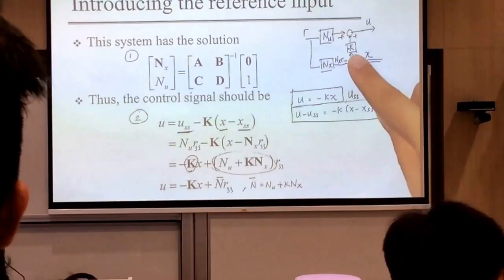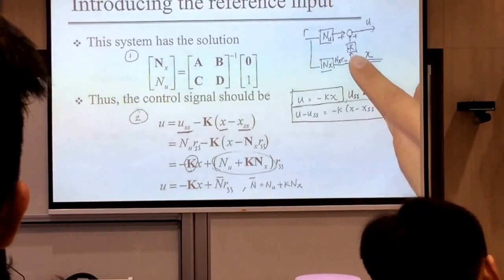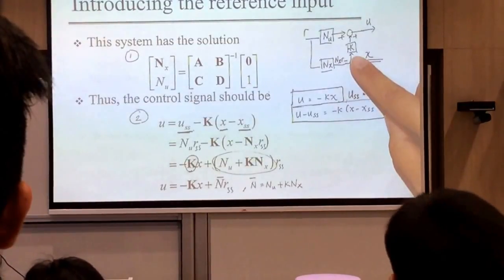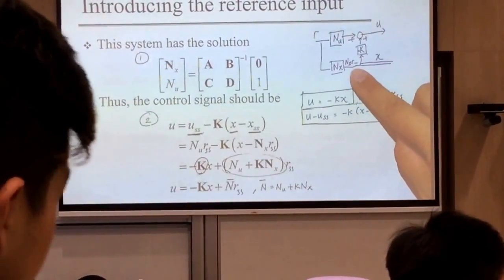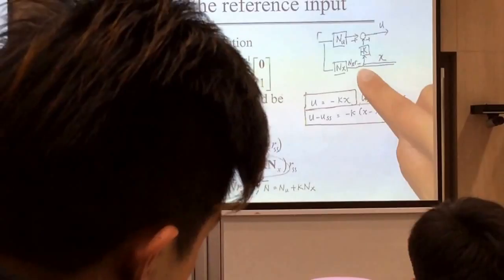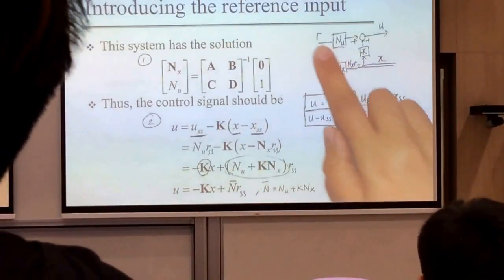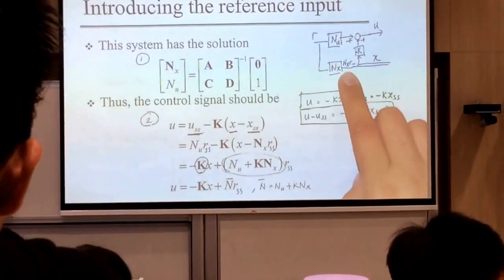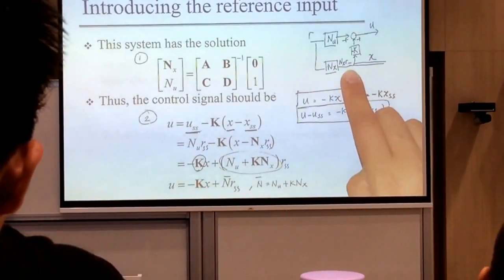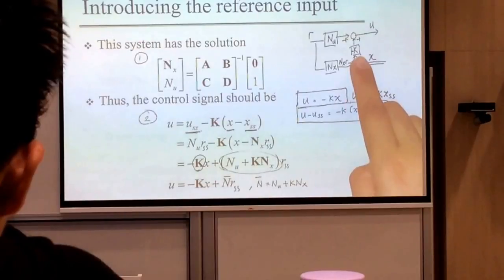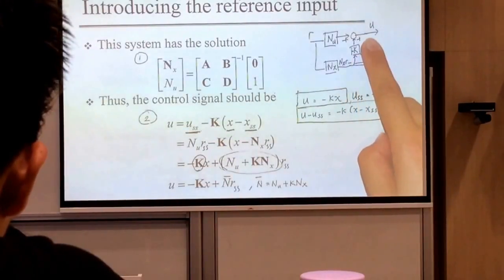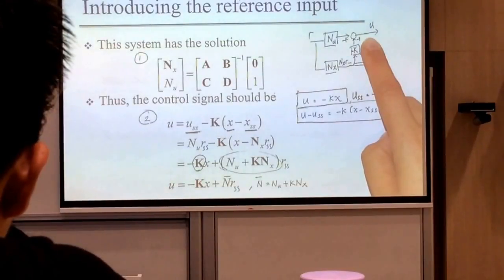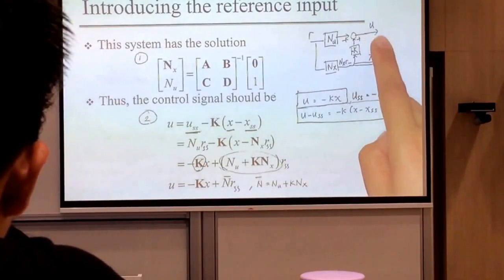Because u is minus kx, right? So you want to use the same block, yes? Right now you need to multiply by another minus sign. From this part, you take r times Nx, so you have Nxr. Give you a negative sign, so you have minus Nxr, times this minus k, you end up with K Nxr. Alright? And that goes into your u.